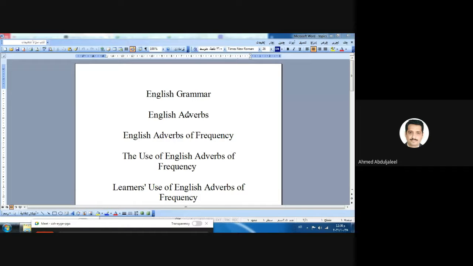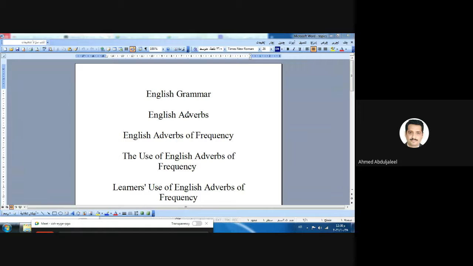So when we talk about adverbs of frequency, are we behind the form, the structure, or the use? All these things, but we have to limit it. So we choose one point, that is the use of English adverbs of frequency.